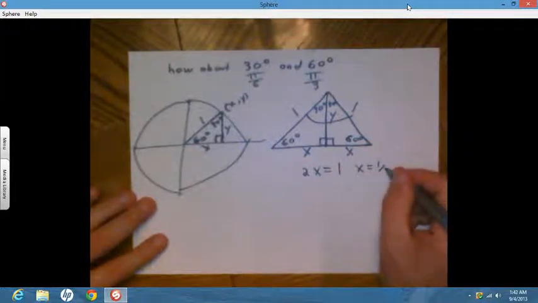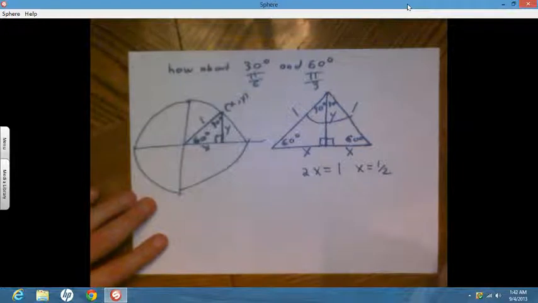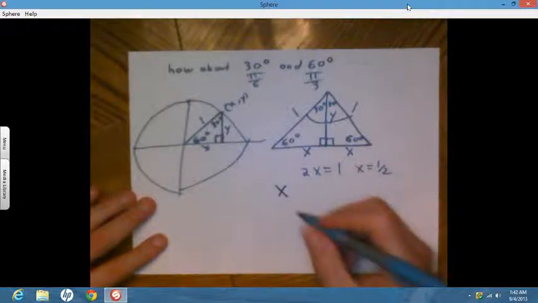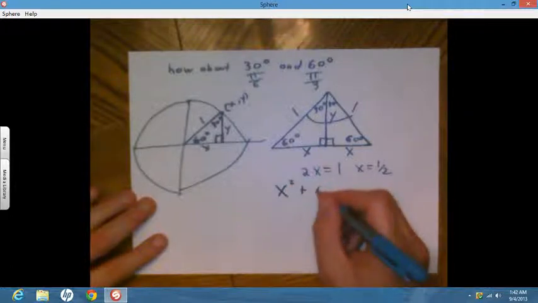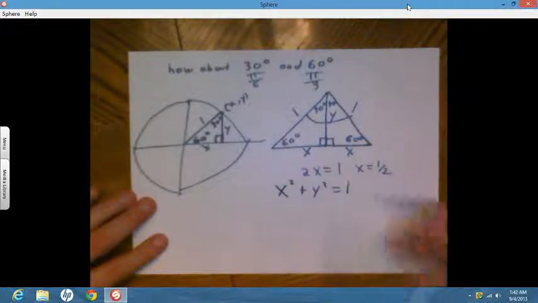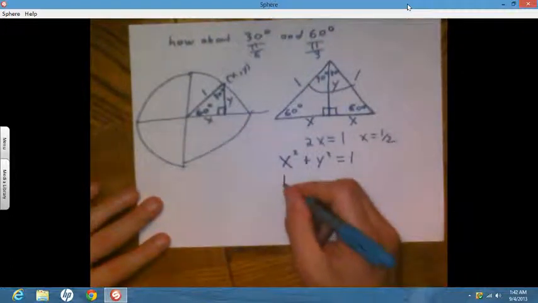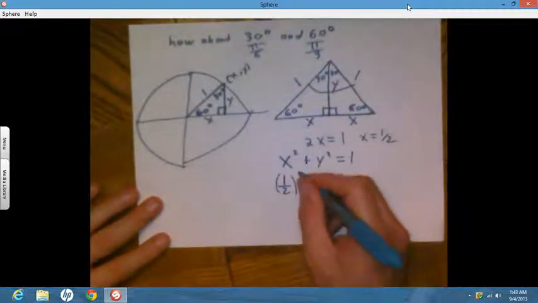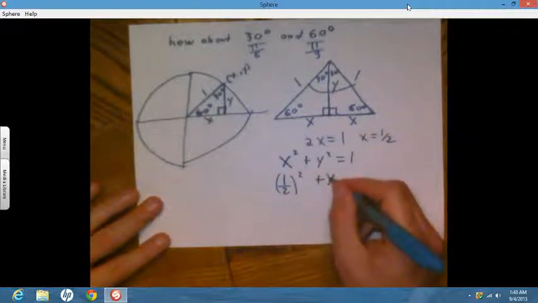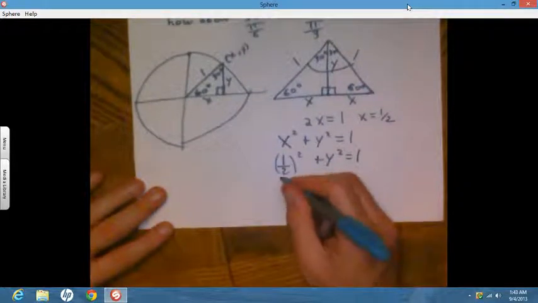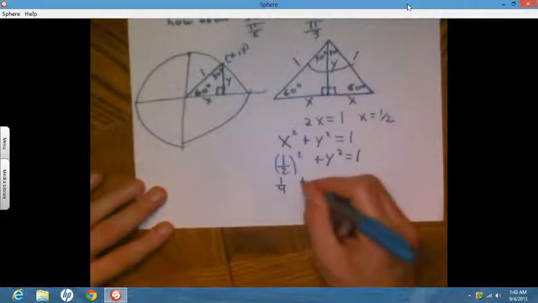All right. Now, how do I find the y-coordinate? Well, I'm on the unit circle, or if you know Pythagorean's theorem, it's the same thing. Well, I know that x squared plus y squared is equal to 1. But x is equal to 1/2, so 1/2 squared plus y squared is equal to 1, which is the same as 1/4 plus y squared is equal to 1.